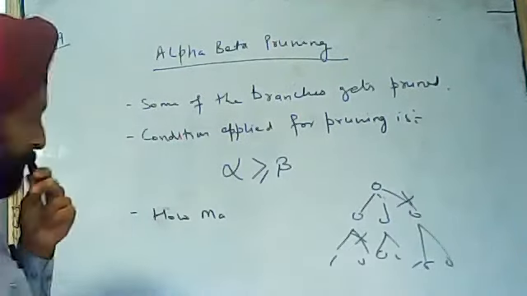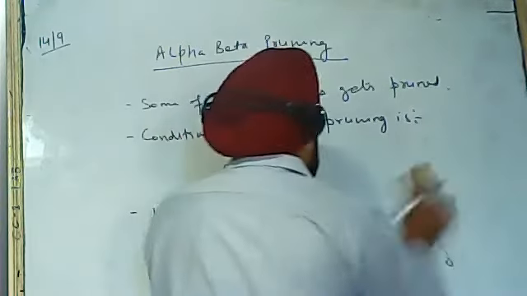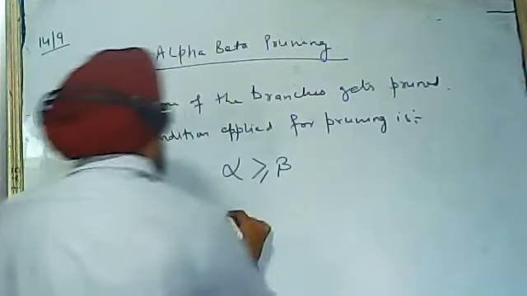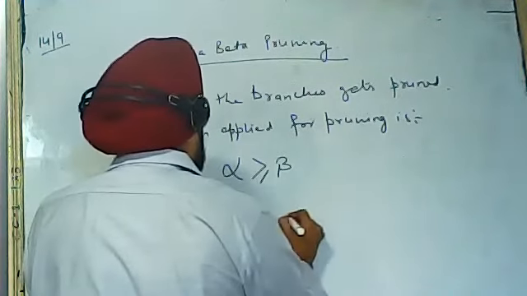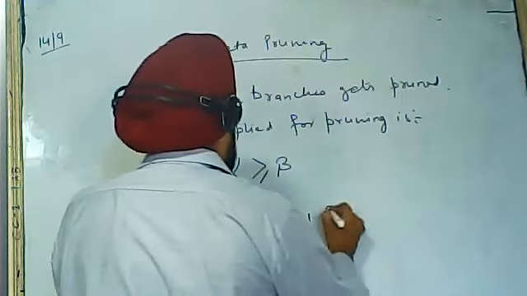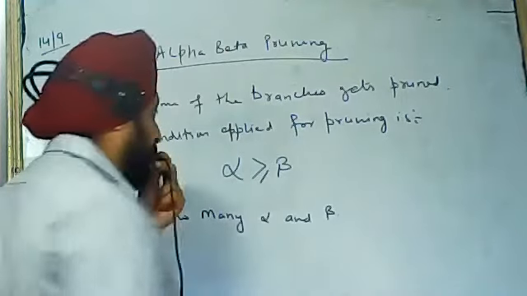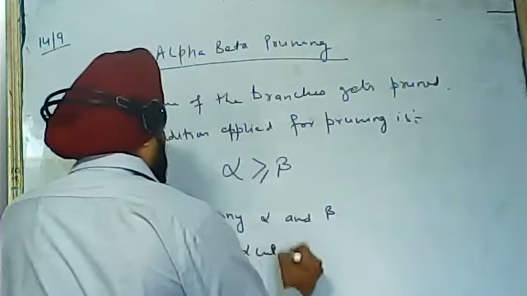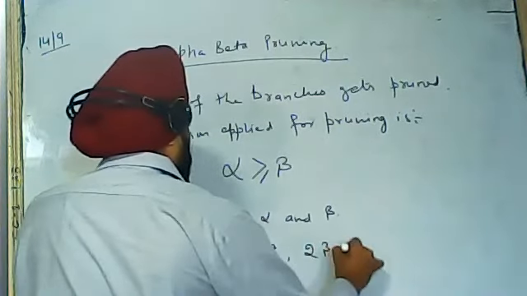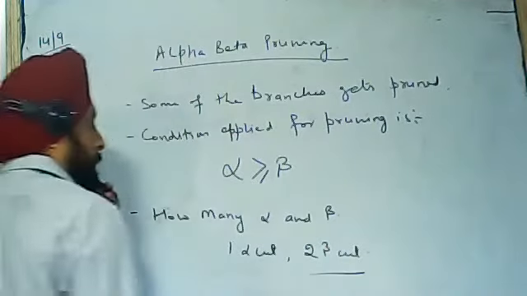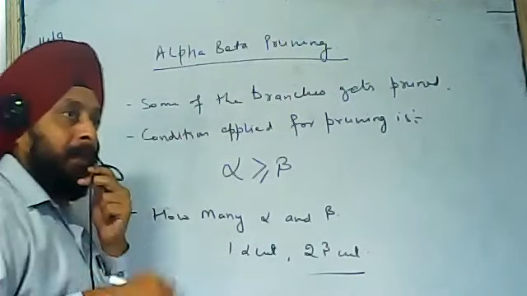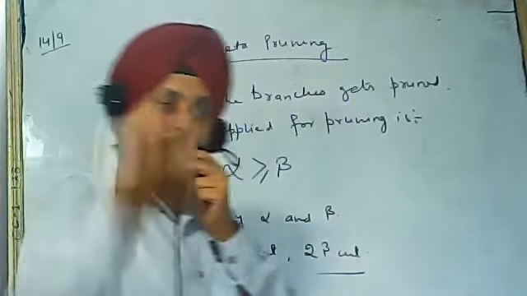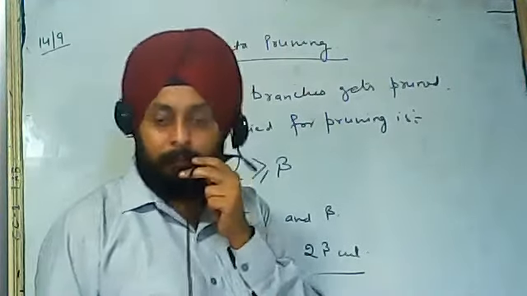So that we have to tell in the end after solving. In our example that we did, we had one alpha cut and two beta cuts. If alpha value becomes greater than beta, it is alpha cut. If beta value becomes less than alpha, it becomes beta cut.